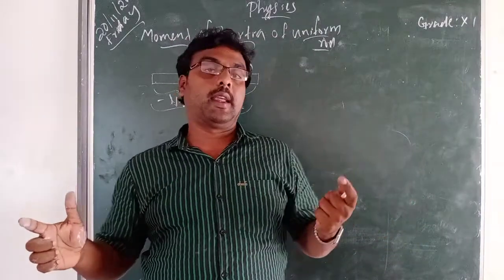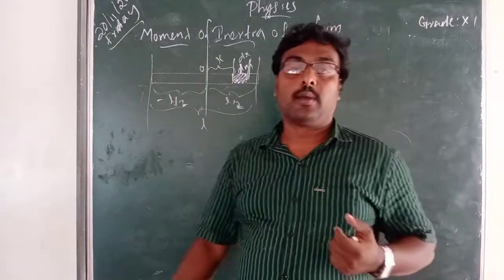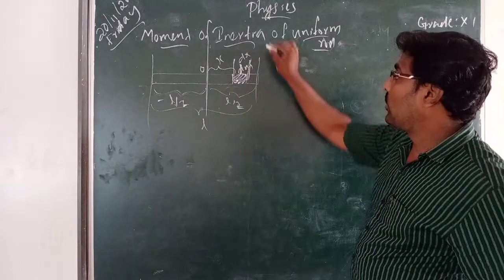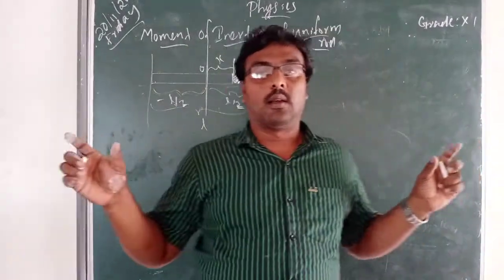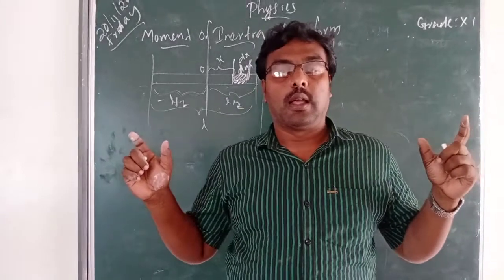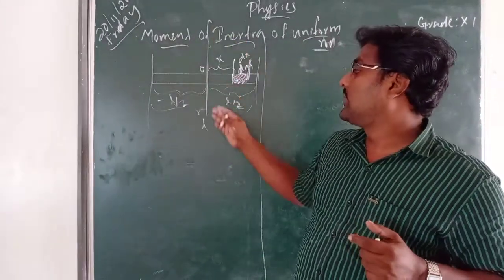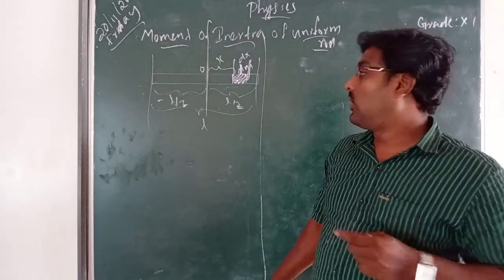Then we integrate to find the moment of inertia of the whole rod. Understand now? So first, we have to take a rod of length L, choose a coordinate system, and take the line which is passing through its center of mass.